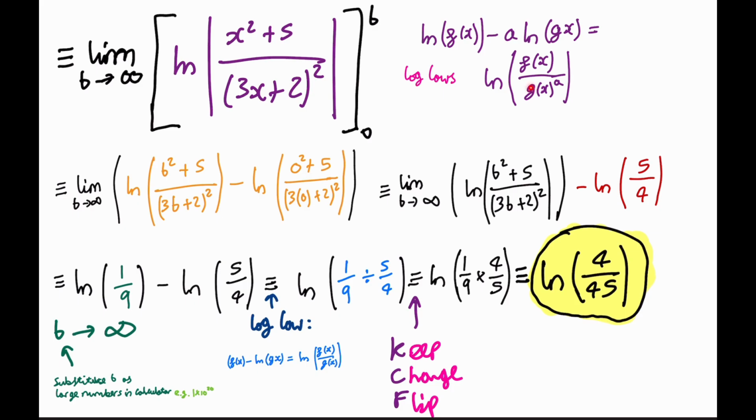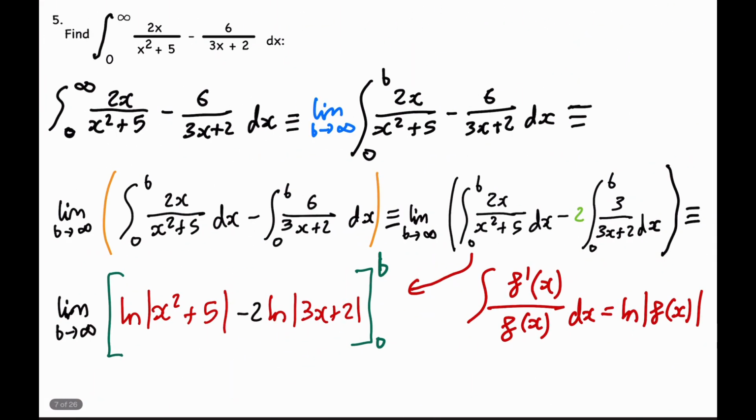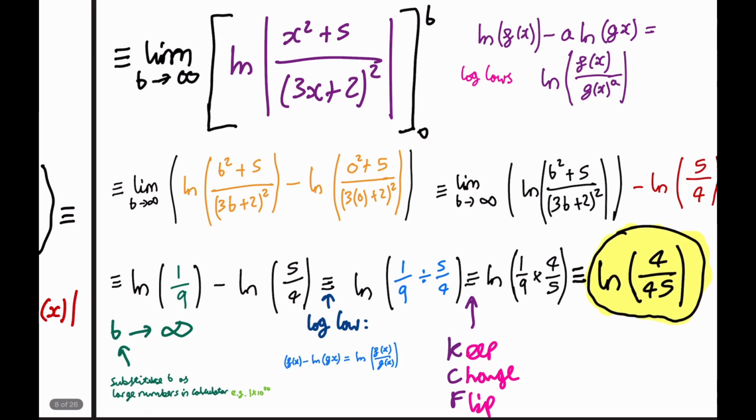So we can have the g of x to the power of a, like this. And because we had a multiple of 2 and a takeaway in between, we can just do the first function divided by the second function to the power of 2, as you can see from here. So the 2 becomes the power here, and then you'll do x squared plus 5 divided by this to the power of 2.